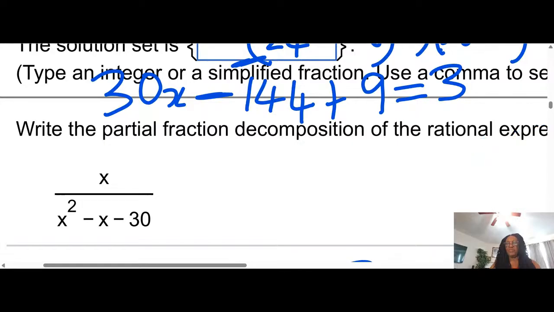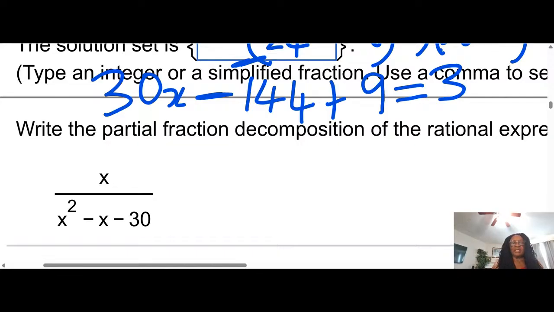We couldn't solve for x before because we had to do the first things first. All right, so collecting like terms, I want to collect all the constants to the right hand side.